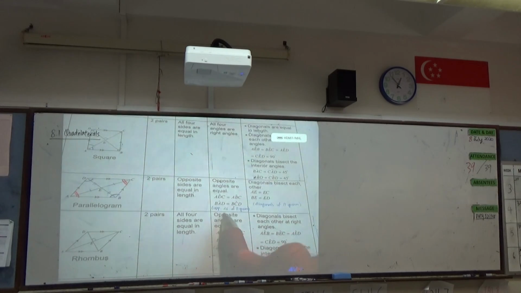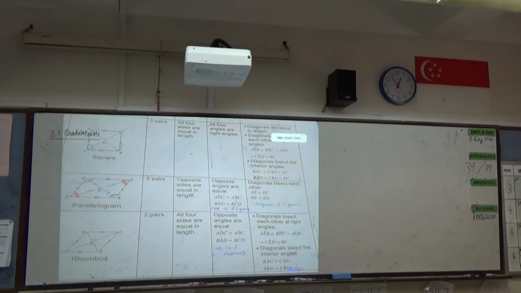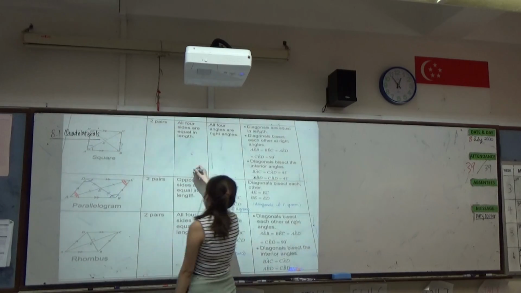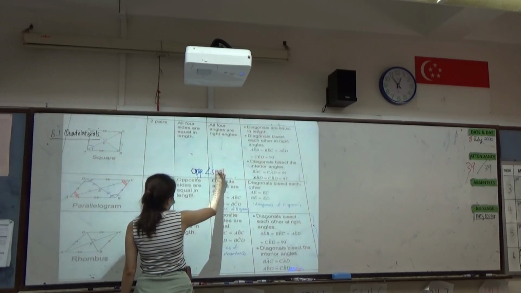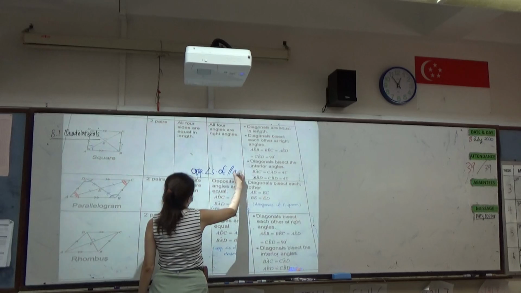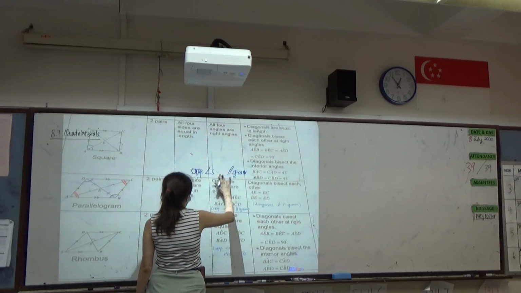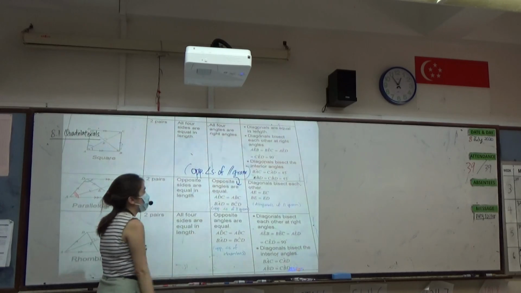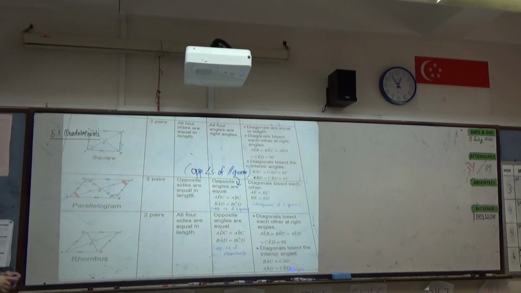Okay? So when I want to talk about opposite angles being equal, the reason to write here for parallelogram is opposite angles of parallelogram. So the short form for opposite angles are equal will be opposite angles of parallelogram.